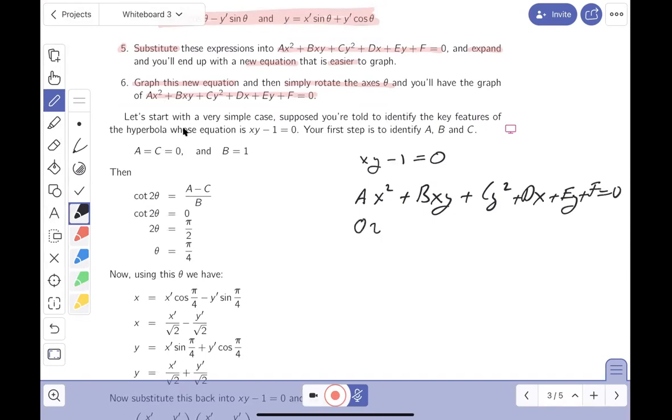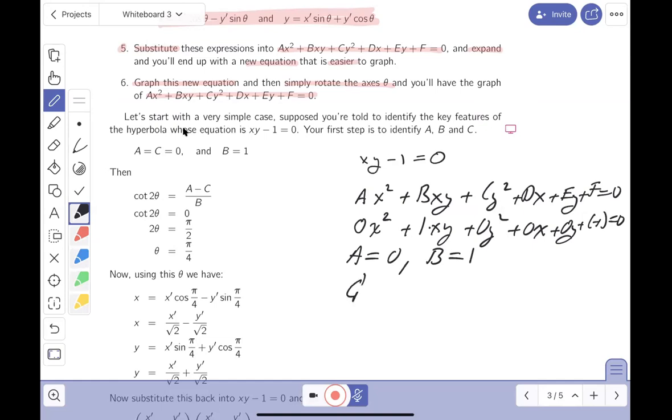It would be 0x squared plus 1xy plus no y squareds plus no x's plus no y's, and then f is going to be plus or minus 1. So I can clearly identify the A, the B, the C, the D, the E, and the F.